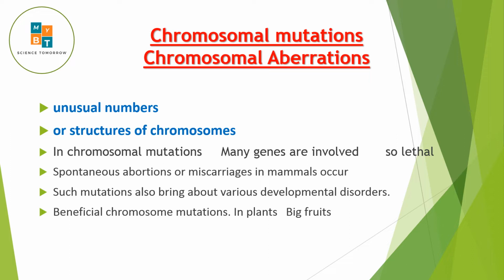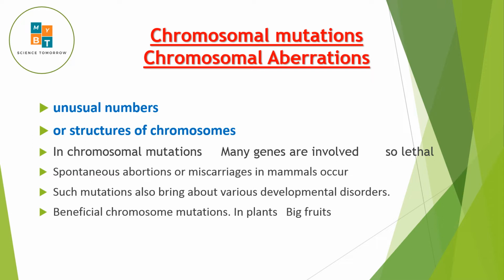If you have 23 pairs plus 1, that is 47. If you have an unusual number like that, it is a chromosomal mutation. Also, the structure of the chromosome can change, and you can have mutations.